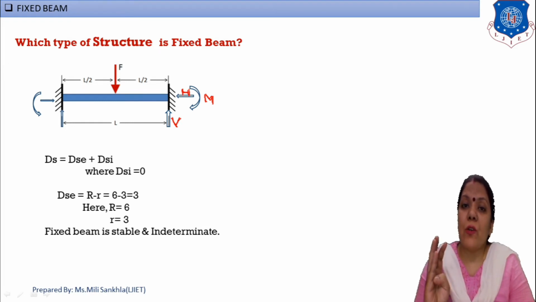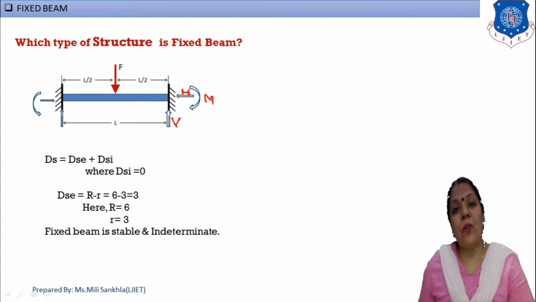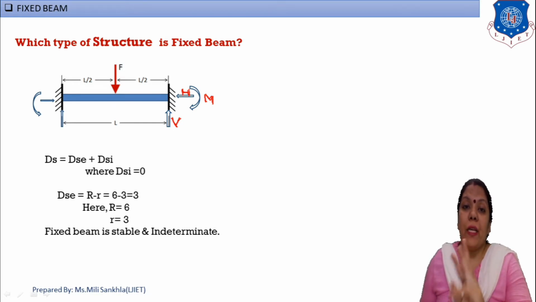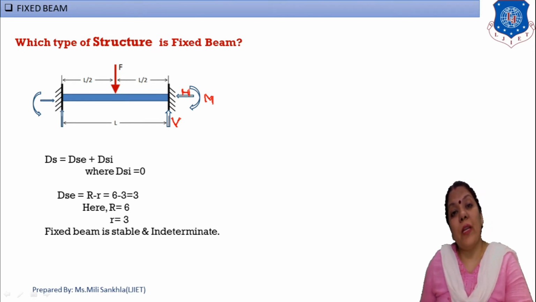First condition is sigma H, second condition is sigma V, and third condition is sigma M. Now one by one put the values. 6 minus 3 is equal to 3, and our answer is 3. That means fixed beam is stable and indeterminate to third degree. Okay, that means simply here we can say that fixed beam is our statically indeterminate structure.